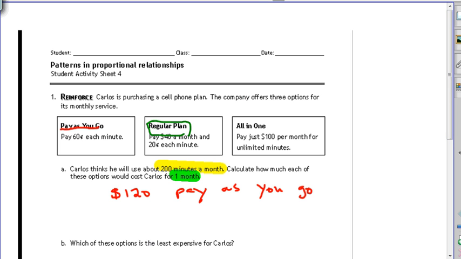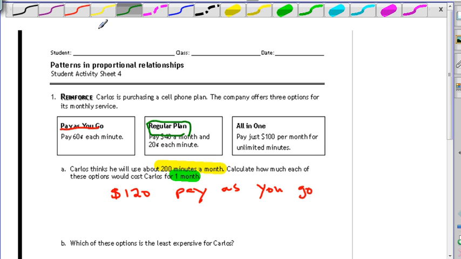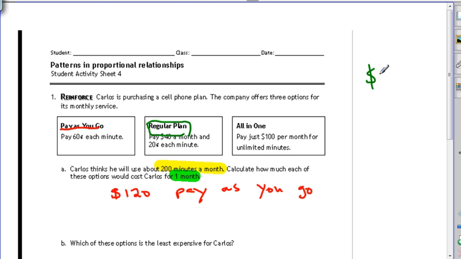So to set this one up, I have 2 things going on for the regular plan. I have $40 a month, and I have to add how much? 20 cents for each minute. So it's $40 plus what? $40 plus 200 minutes times 20.